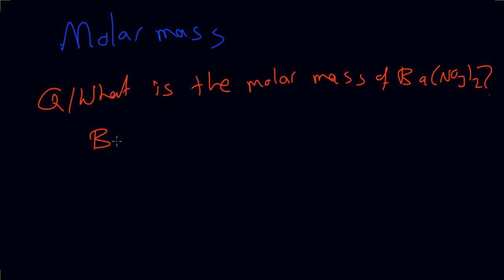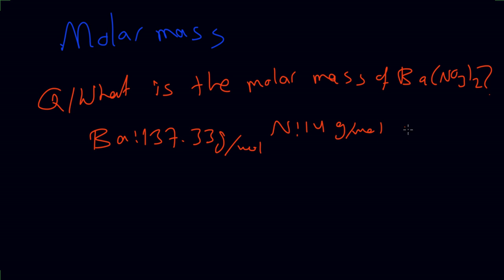So molar mass of barium is equal to 137.33 gram. N is equal to 14 gram per mole. O is equal to 16 gram per mole. Okay, good. Let's find this.